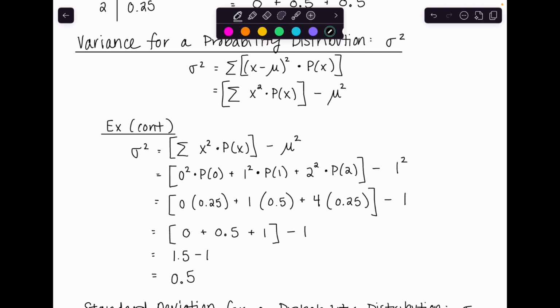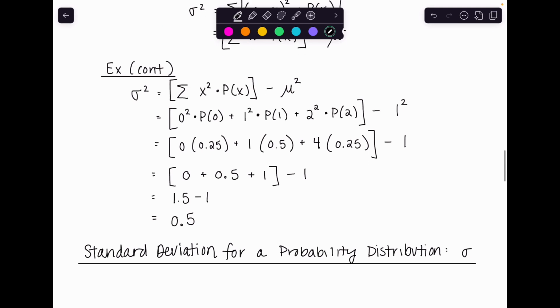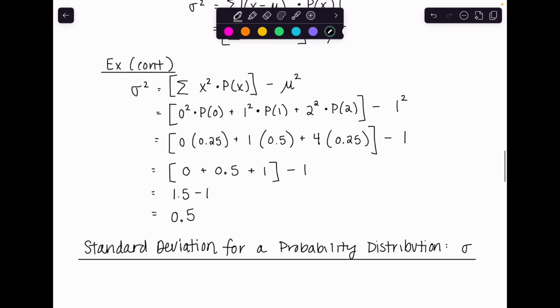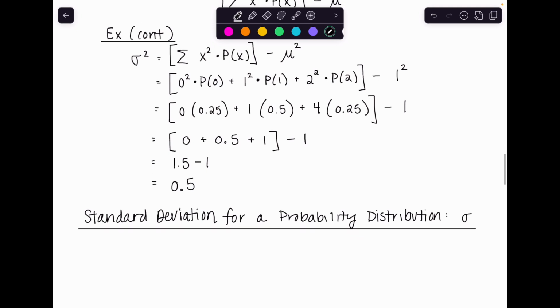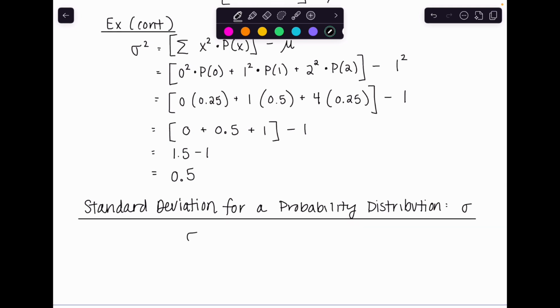Now, once we have the variance, if you want to find the standard deviation for a probability distribution, all you're going to do is take the square root. That's why we started with variance, because unfortunately the formula for this is disgusting looking. So we sum up x minus the mean squared times those probabilities, and then we take a square root.